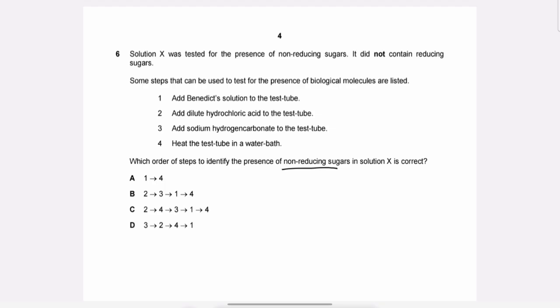So looking at our steps, we can see that 2 is saying add dilute hydrochloric acid, which should be our first step. So we're discarding A and D. Now for the second step, after breaking them, we need to add a base, and we can see that we have sodium hydrogen carbonate to neutralize the acid. And so 3 should be our second option. So then B becomes our answer.